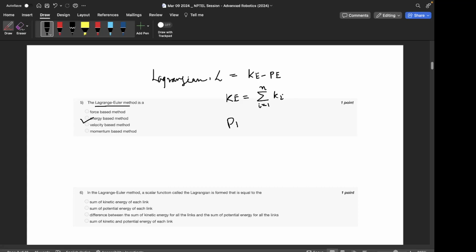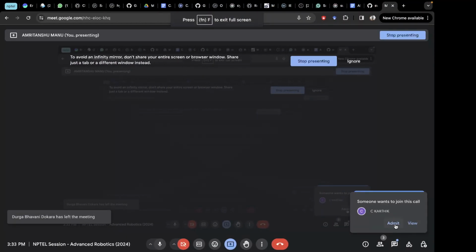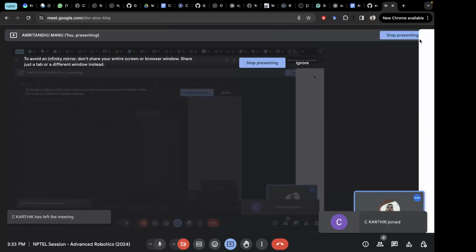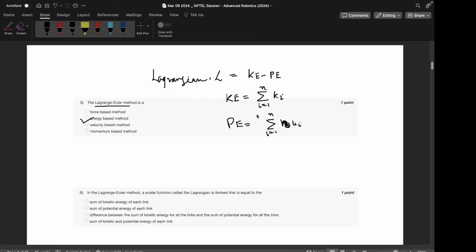Similarly, potential energy will be the sum of the potential energy of all links, let me denote it u.